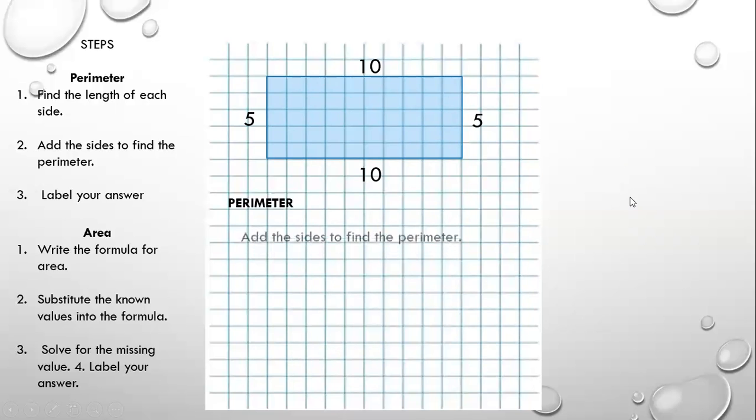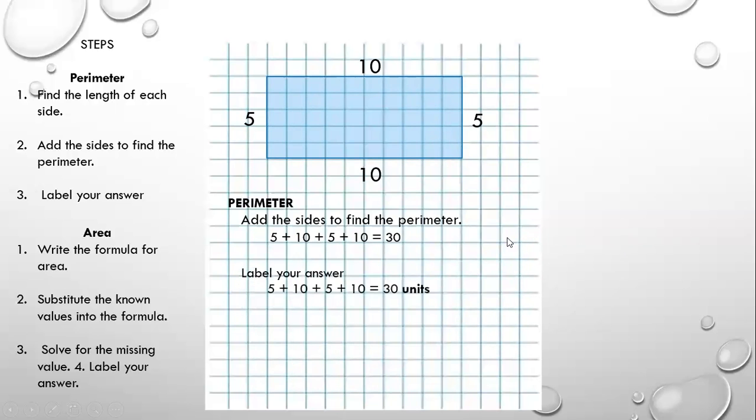Okay, now we're going to add the sides. So we know that 10 plus 5 is 15. 10 and 5 and another 10 and 5 will give us 30. And when we label our answer, we find that our answer for perimeter is 30 units.